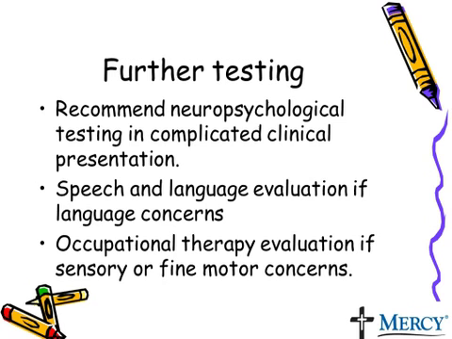These can be done privately, and a lot of the testing can be done through the school. If there are speech and language concerns, we would recommend evaluation. If there are concerns with fine motor or sensory difficulties, sometimes an occupational therapy consult can be very helpful.